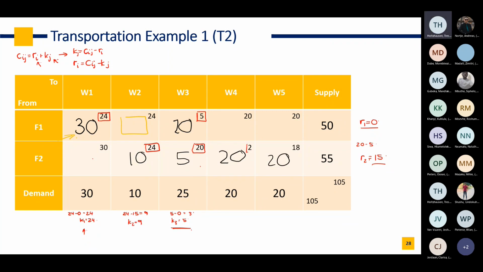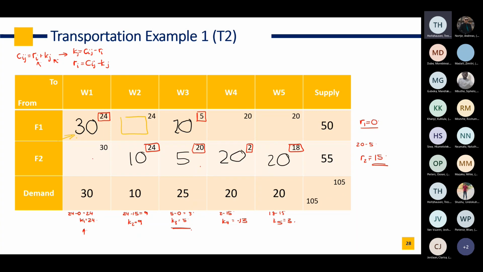And then we go to the next one, 2 minus 15. And that's going to give us minus 13 actually. Minus 13. And then we have 18 minus 15, and we have 3.